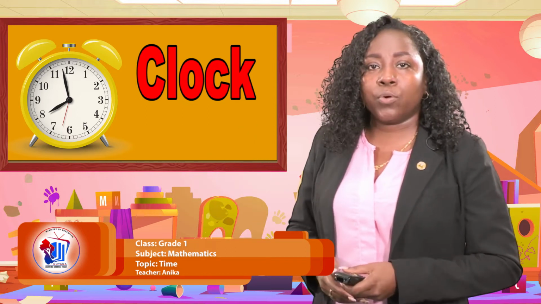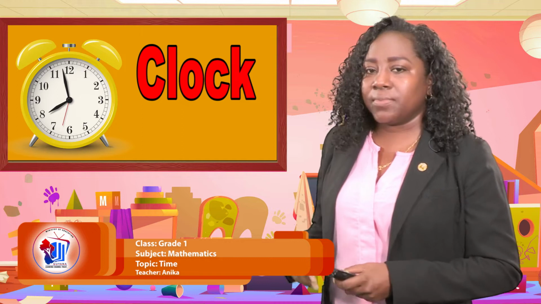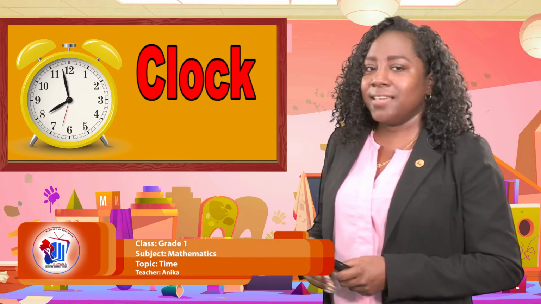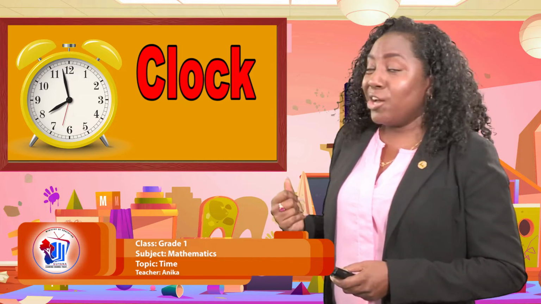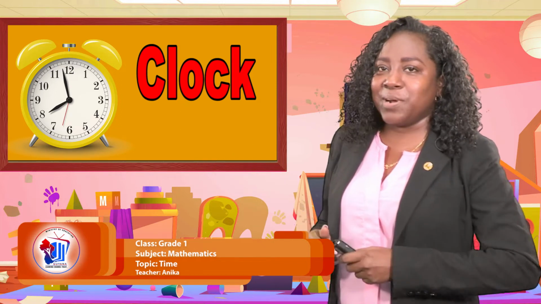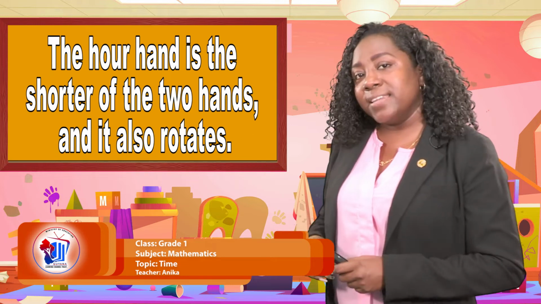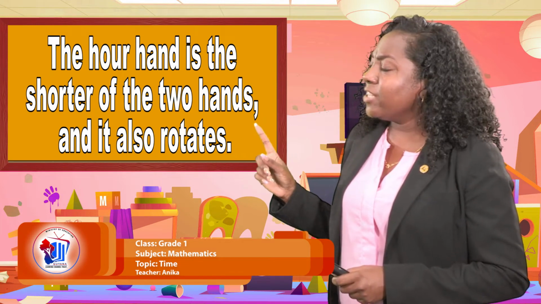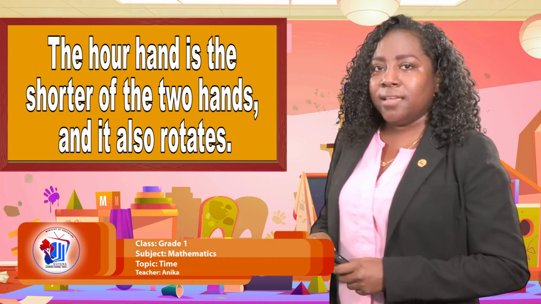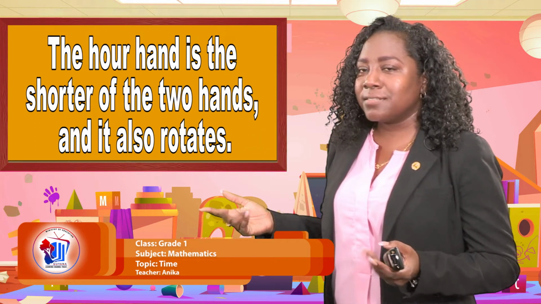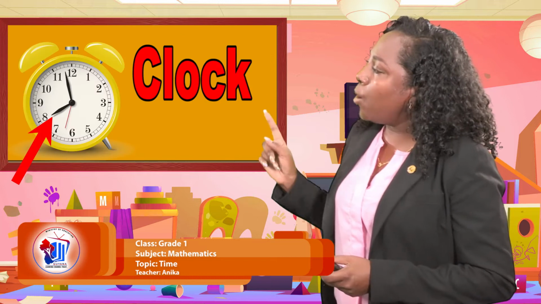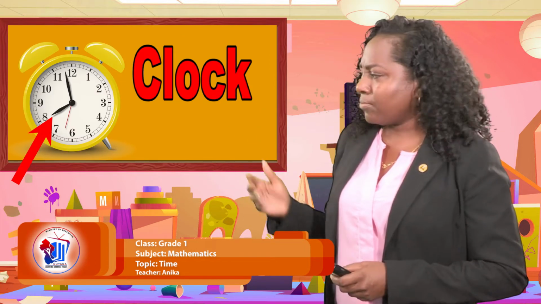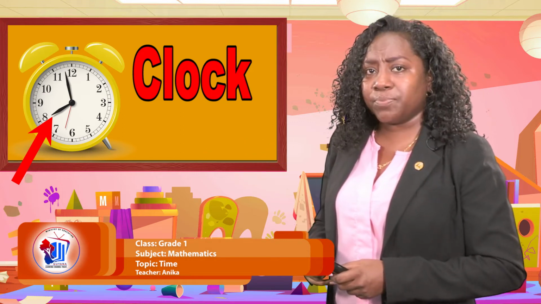Also, on the clock, we'll see two hands. It has an hour hand and a minute hand. Now, which is which? Not to worry. The hour hand is the shorter of the two hands, and it also rotates. This hour hand rotates 360 degrees in 12 hours.